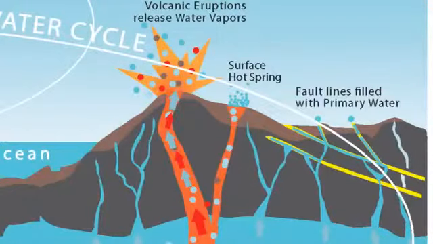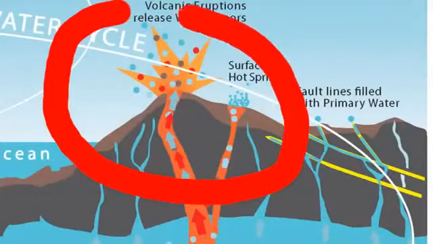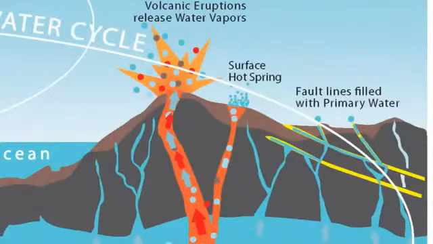Okay. So then we're moving along to the right, and we're seeing this mountaintop where it's a volcanic eruption and release of water vapor. Could you talk about that?